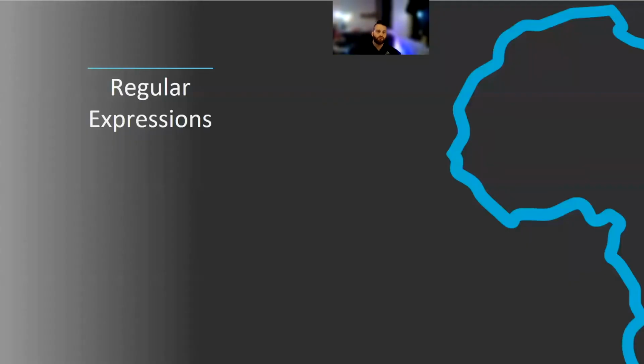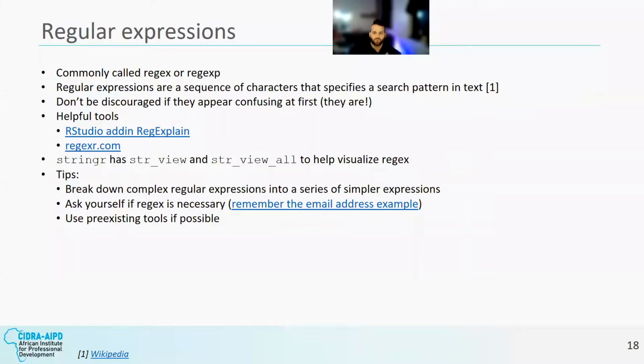That concludes the basics of working with strings in R. Now we're going to get on to a more complicated topic known as regular expressions. Regular expressions are also commonly abbreviated as regex or regexp. They're defined as a sequence of characters that specifies a search pattern in text.